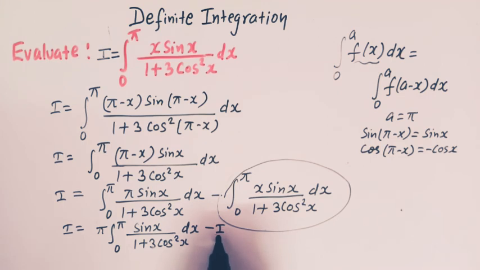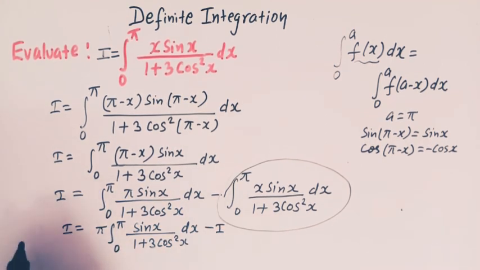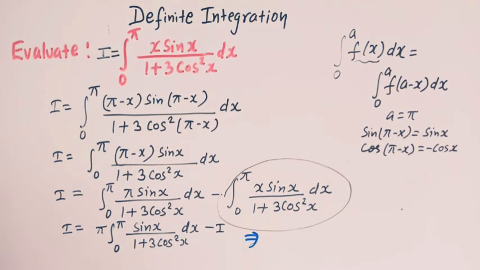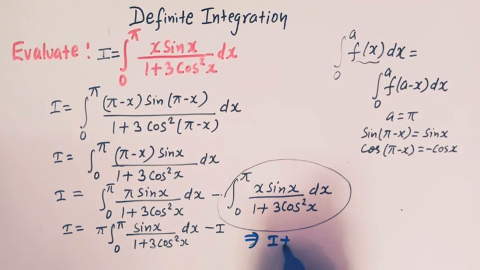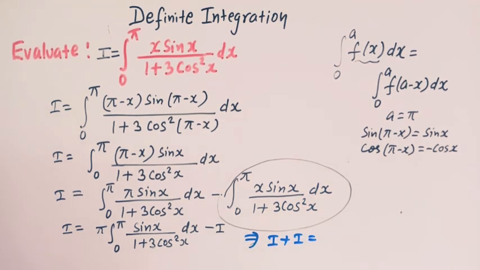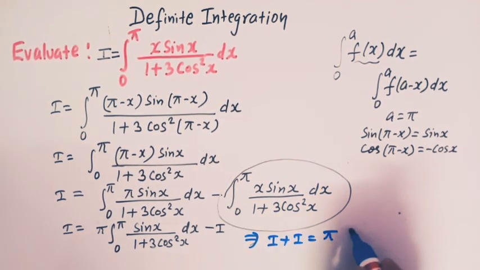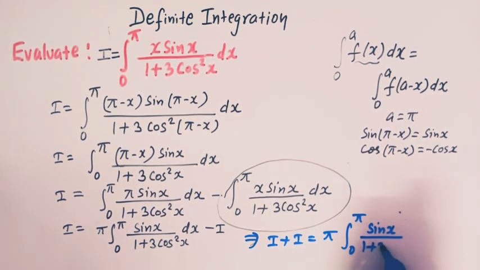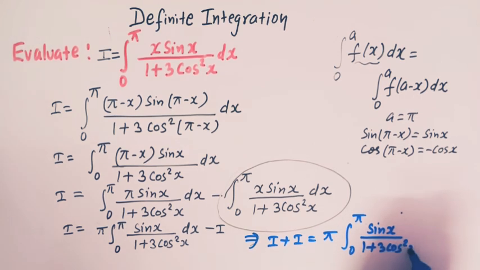Now taking this negative I to the left hand side, we'll have I plus I is equal to pi, 0 to pi, sine x over 1 plus 3 cos square x dx, right?